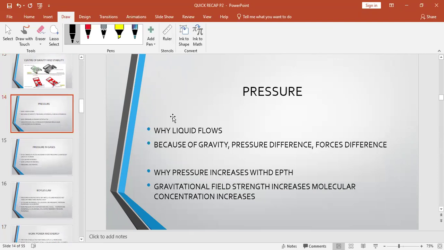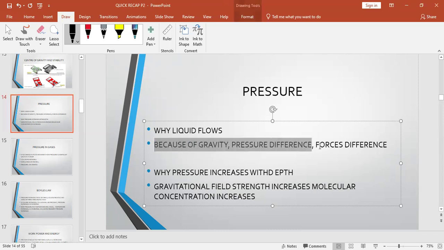Okay, when we are talking about pressure, always remember that when they ask the question why the liquid flows, for suppose wherever the liquid is flowing, you'll write it is because of gravity. For suppose if I'm saying that this is a beaker and when the tube is inverted, the water starts flowing into the beaker.